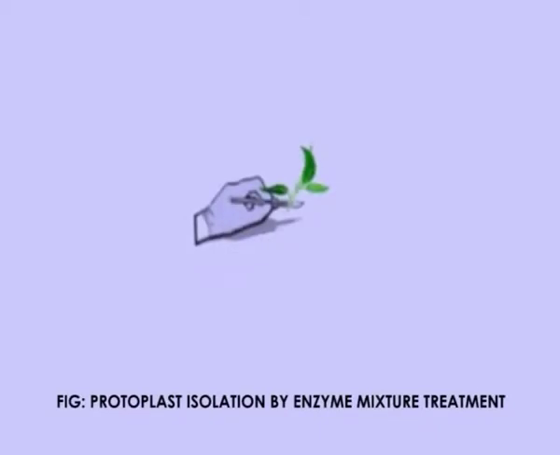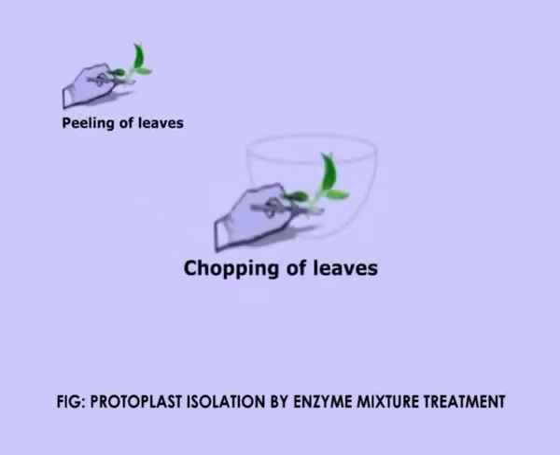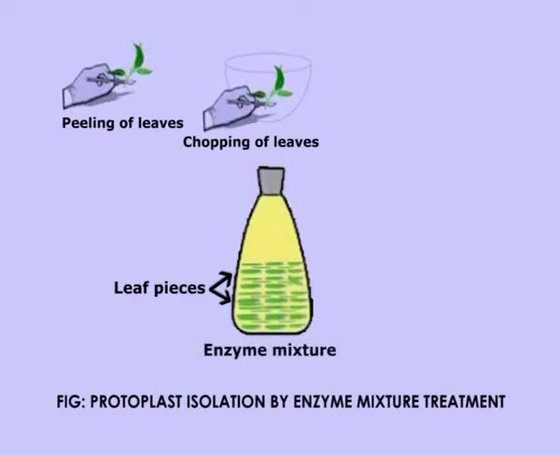The lower epidermis of sterilized leaves is peeled off using forceps, followed by chopping the leaves into pieces with sharp scalpels. The leaf pieces are suspended in enzyme mixture of pectinase or macroenzyme and cellulase with pH adjusted between 4.7 and 8 and temperature at 25 to 30 degrees Celsius.